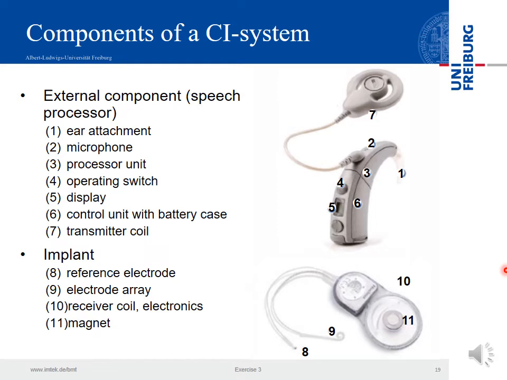On the external part, we have the ear attachment with a microphone, processor unit, operating switch, display if it has one, control and transmitter coil.